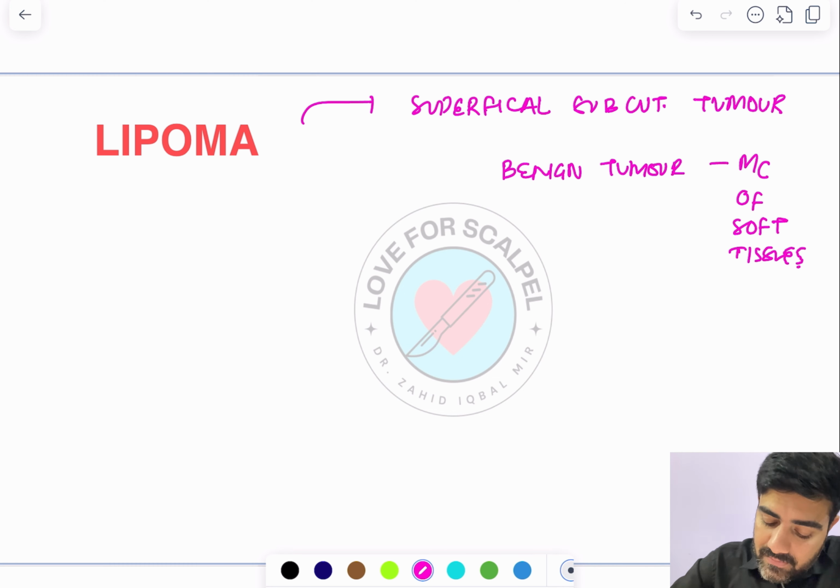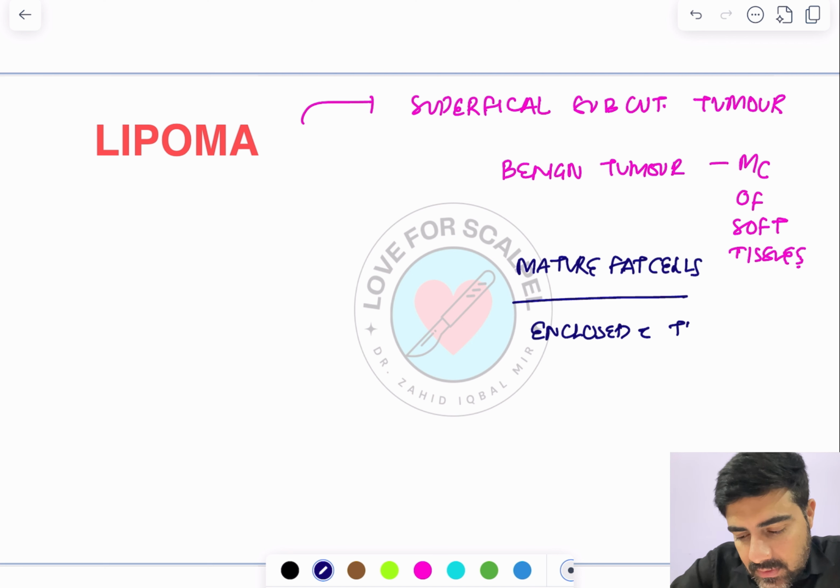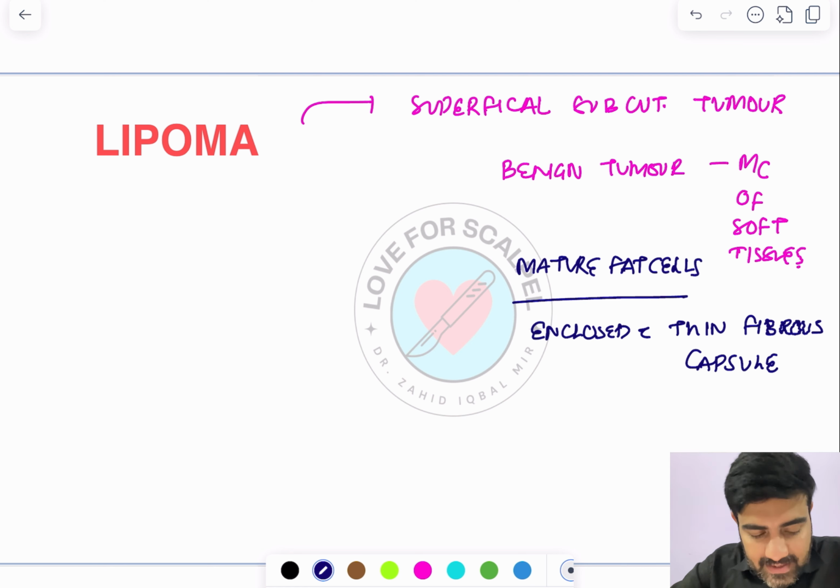It is composed of mature fat cells, which are enclosed within a thin fibrous capsule.